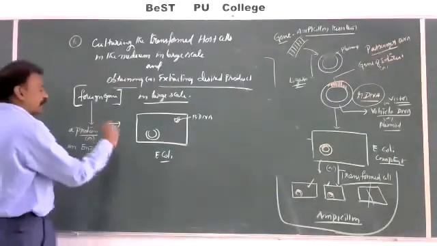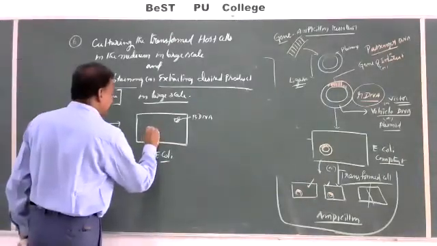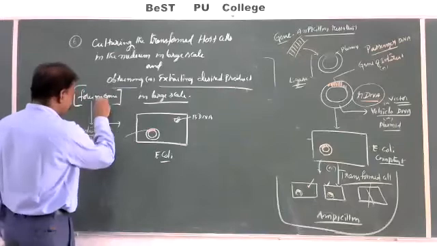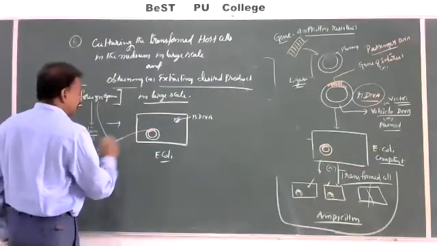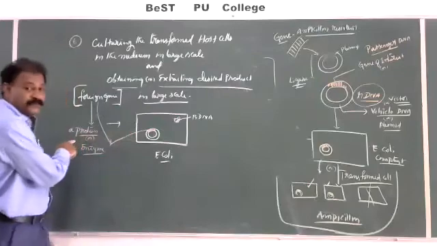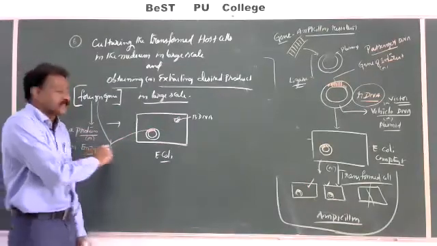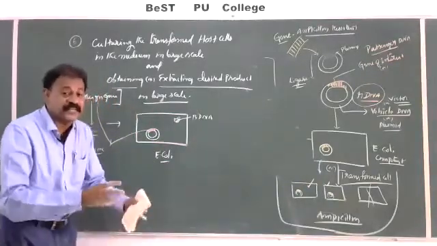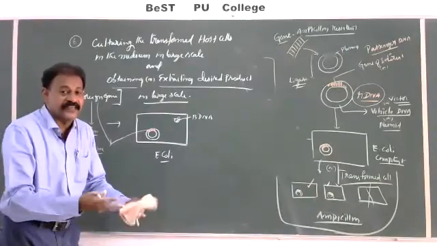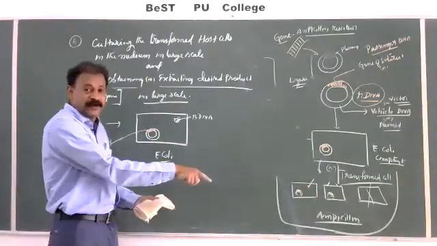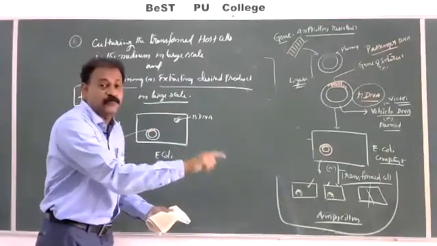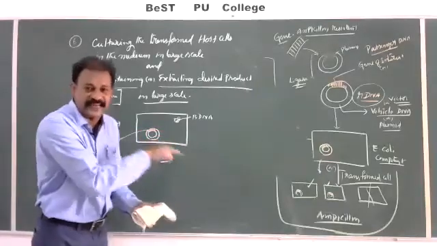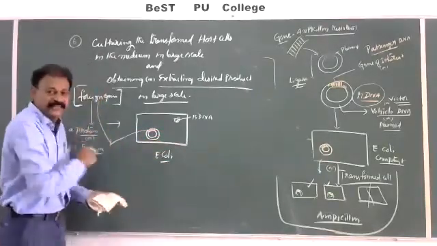For example, we have added a gene here. This gene is a foreign gene, and this gene stands for the production of a protein. It means if the gene expresses, gene expression means this gene has to produce mRNA, it has to undergo translation and produce a protein. Then the gene is said to be expressed in the form of a phenotypic character, in the form of a protein, an enzyme, a character.